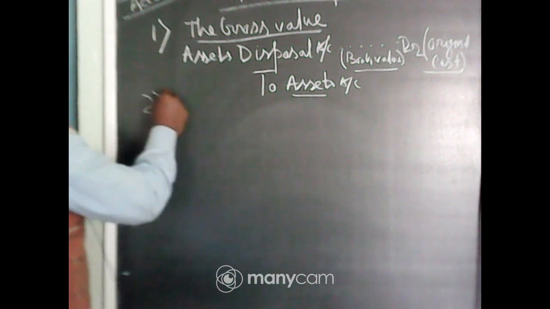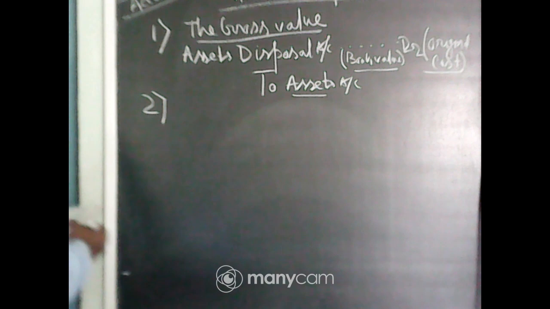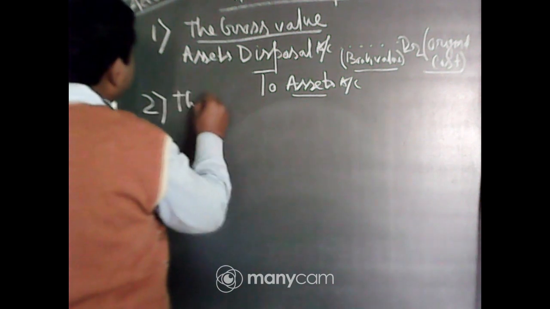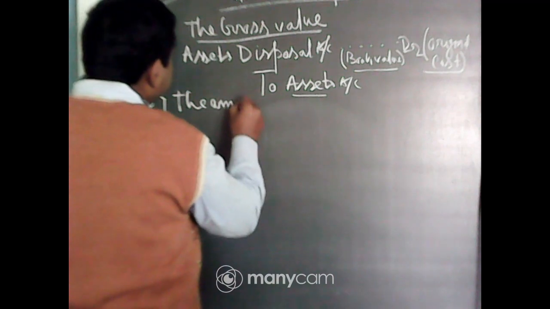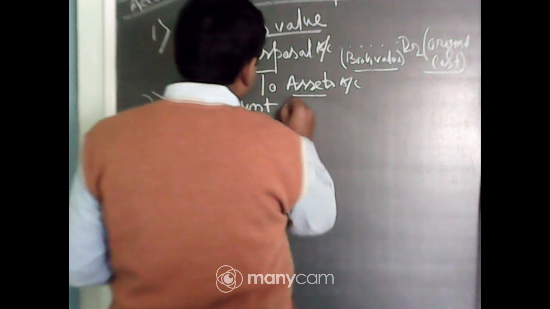Number 2, if a provision for depreciation account is maintained, then the amount of accumulated depreciation.